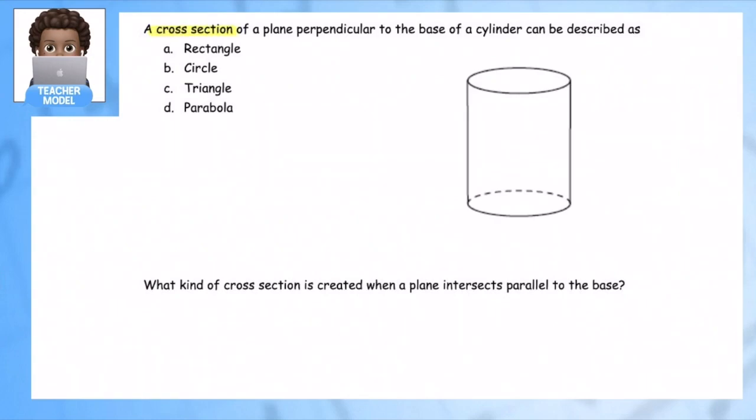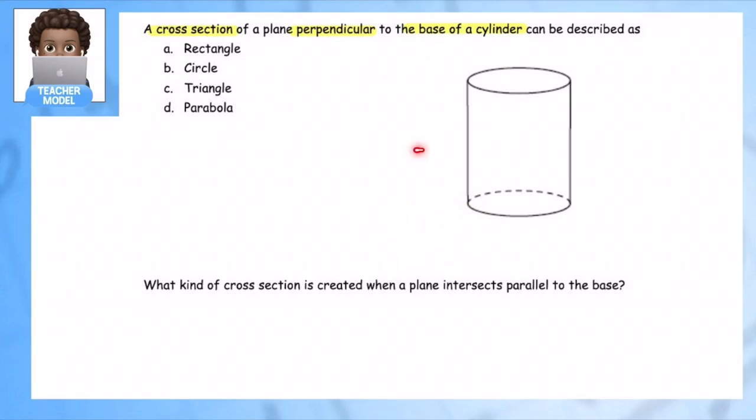A cross section of a plane perpendicular to the base of the cylinder can be described as. All right, so kind of imagine you're going to have your rectangle, cut it, but it's going to be a perpendicular cut to the base. So what does that mean? Here's our base down here. Here's our base.